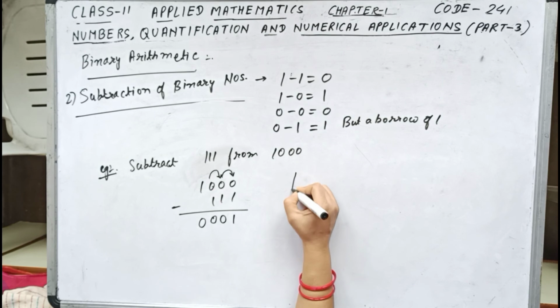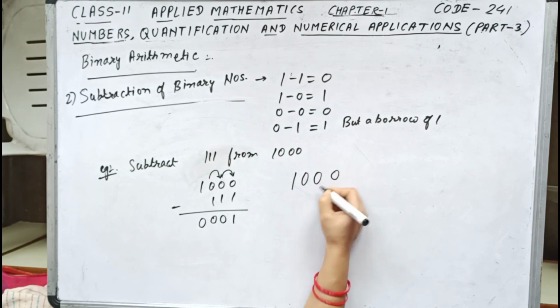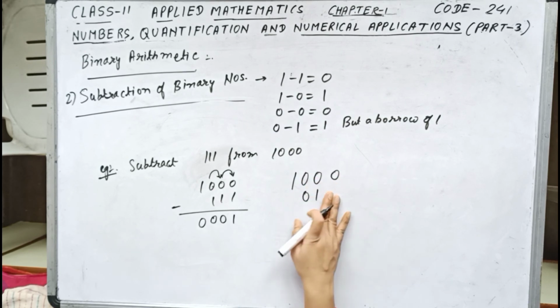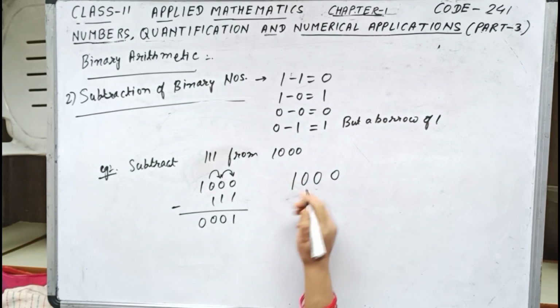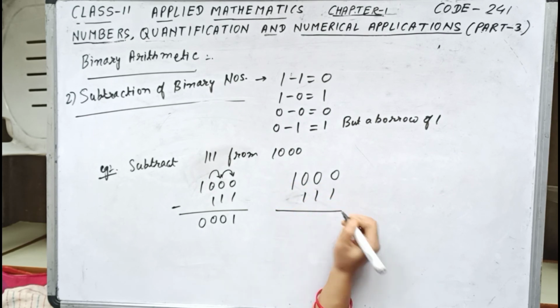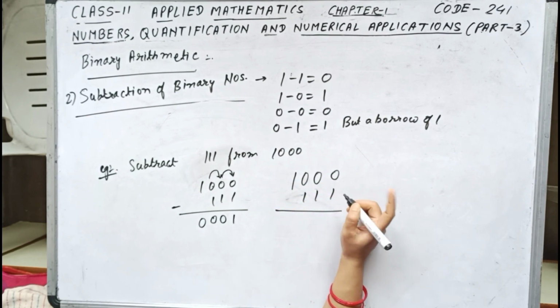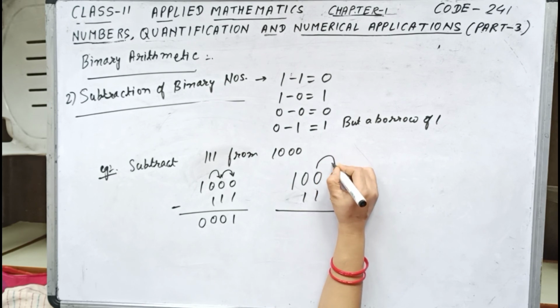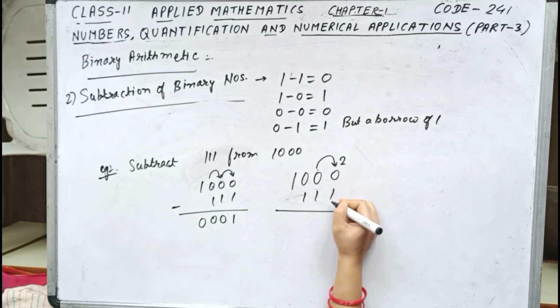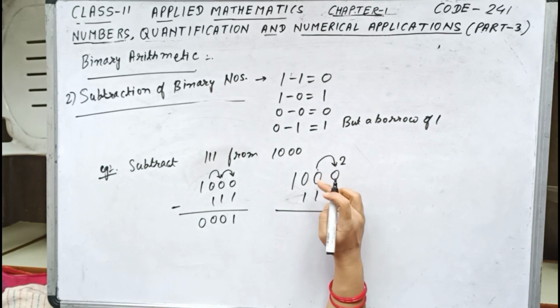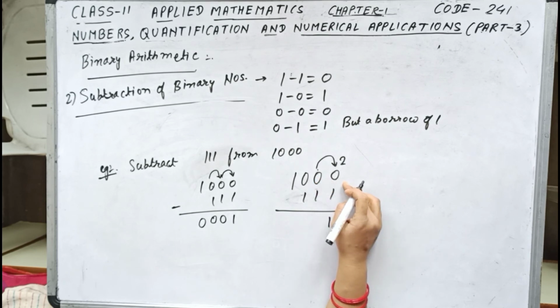Again I am explaining this. 1000 minus 111. 0 minus 1 cannot be done, so shifting of 1 from here will become 2. 2 minus 1 is 1. Now nothing was here, it was 0. How can it take 1 from here?